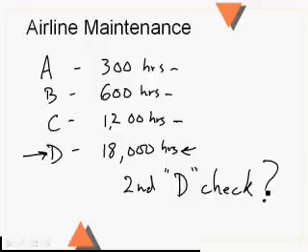Maybe a few of them came up on their third one. And the airlines decided it would save more fuel and we'd have better dispatch reliability rates if we just bought a new airplane instead of spending the money to overhaul it. So that second D check is the most likely time an airline is going to sell their plane and get a new one.